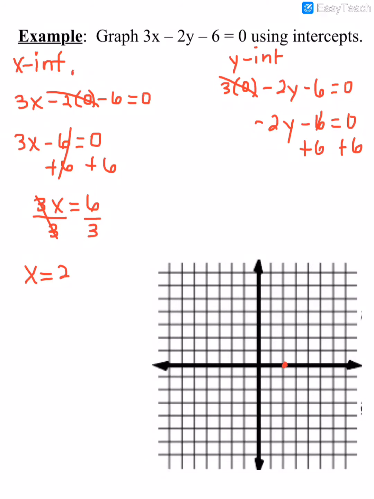I'm going to add 6 and divide by negative 2, and I get y equals negative 3. So on my y-axis, I'm going to go down to negative 3 and put a dot. And I connect my dots, and there I have my line.